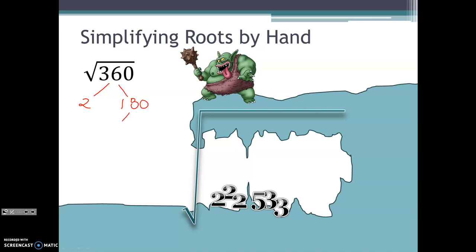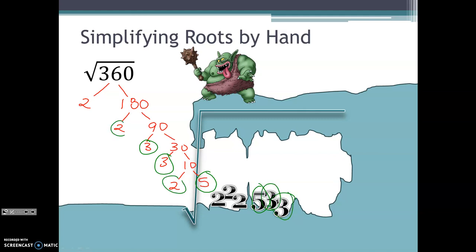I could split up 180 into 2 and 90, 3 and 30, 3 and 10, and 2 and 5. So you can see, here's our 5. We have 2 3s right back here, and we have 3 2s.